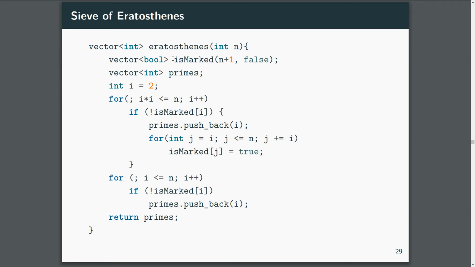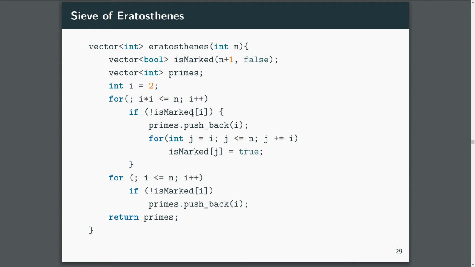So we have this Boolean array, which tells us if a number is marked. We have our result vector of primes. We start at the value 2, and we iterate until the value we're at to the power of 2 is greater than n. So essentially when we go past the square root of n.